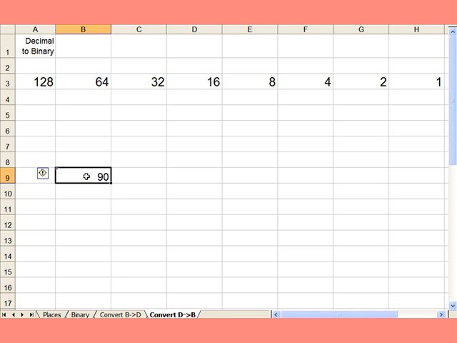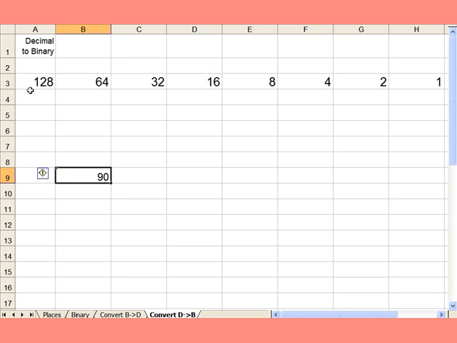Let's consider now how to go from decimal numbers to binary, and you can see that I've left the binary places up here. So we're going to work with numbers that are less than the largest number you can fit in 1 byte. Do you remember what that was?